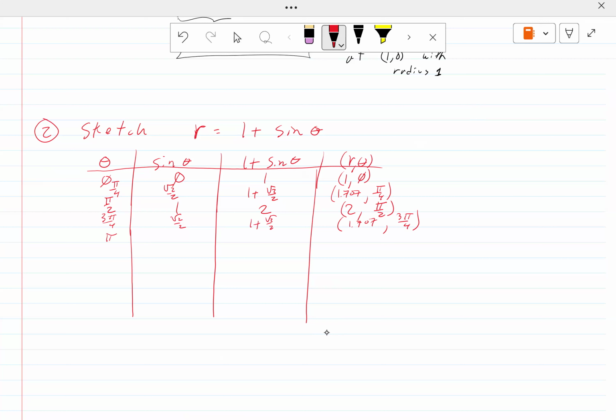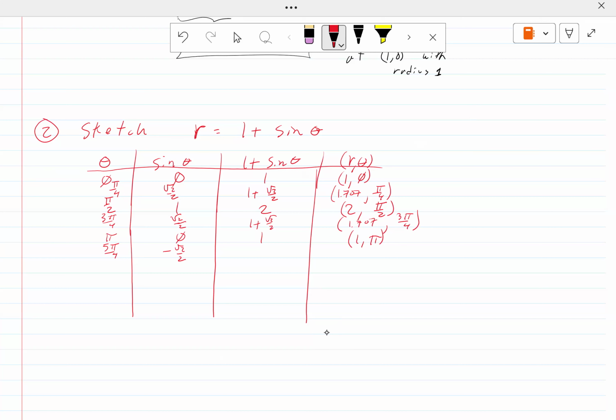Pi, let's go to pi. The sine of pi is 0 again. 1 plus 0 is 1. This is going to be 1 and pi. Okay, 5 pi over 4. The sine of 5 pi over 4 is negative radical 2 over 2.